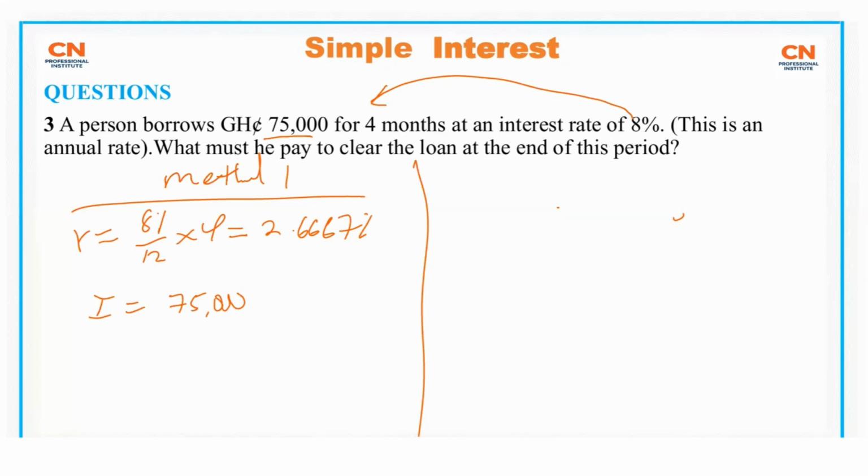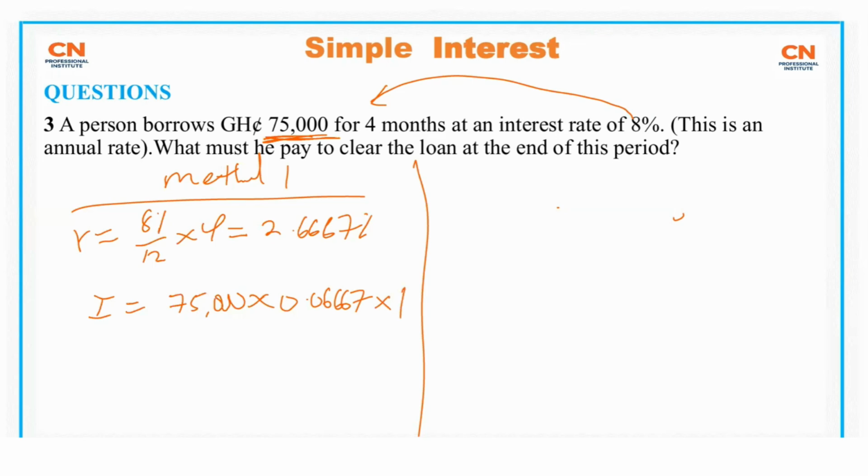This is the amount we borrowed, times the rate, which is 2.6667%, which will be 0.0667. You can continue and write as many decimals as you want so that you get a more accurate answer.